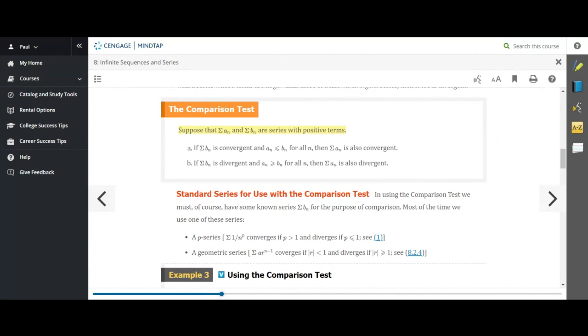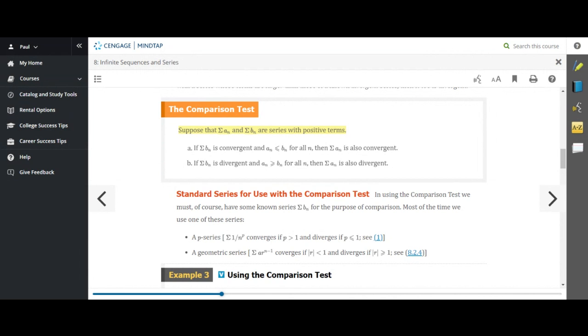But I think for the most part, the series they deal with are all positive terms. Because a series with all negative terms, you could just factor the negative out, and then you'd have negative times a series with all positive terms. Well, let's say you have two series, a series A sub n and series B sub n with positive terms.